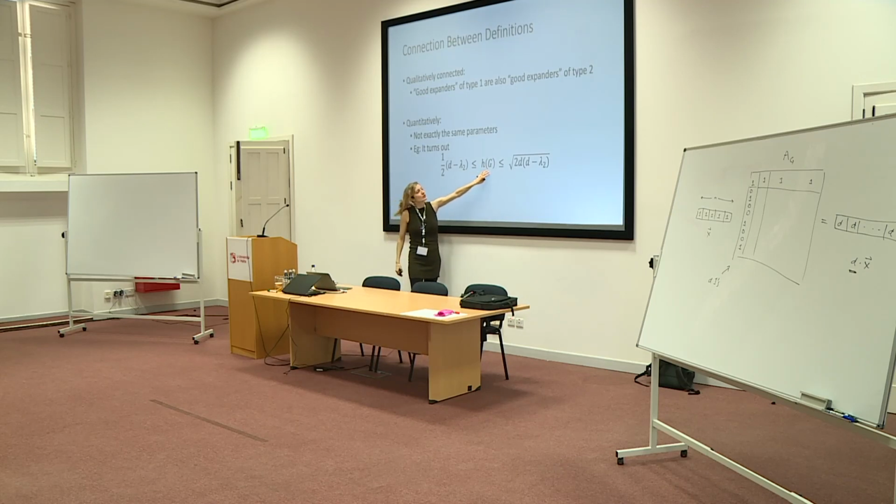This value is stuck in between two expressions that depend exactly on what we just introduced, this gap between the top eigenvalue and the second highest eigenvalue. And some other constants here. Remember, d is the degree of this graph.